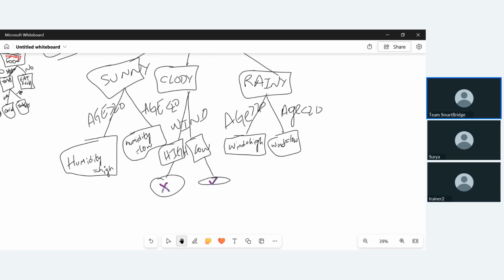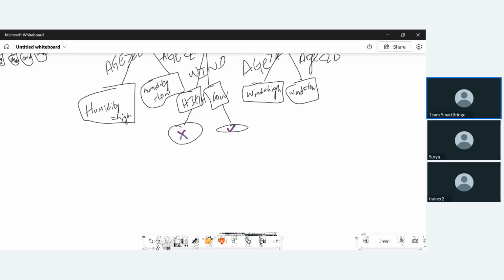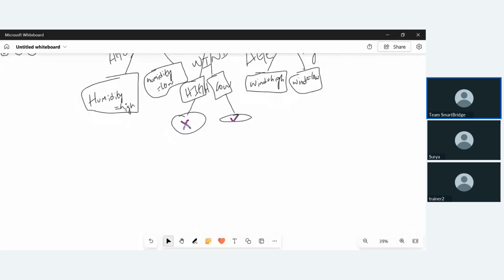So if my age is greater than 20 and the humidity is high, what I'll be doing is I'll be playing this game, because you'll only get a few chances to play shuttle. So you'll be playing the game irrespective of the scenarios.